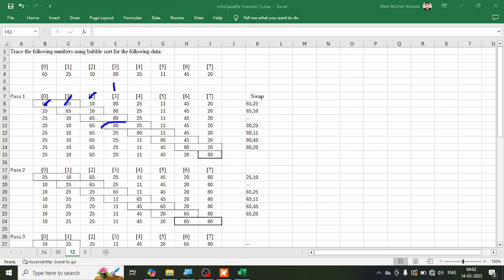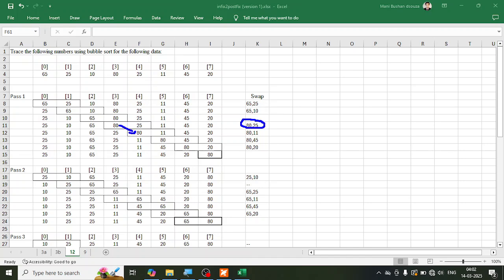Now you are at this position. Take this 80 and compare it at this iteration. Compare 80 with the 25. You notice that 80 is larger, and our intention is to push the larger element to its boundary. So we are going to swap the 80 with the 25.